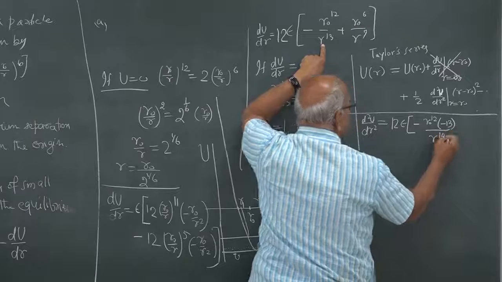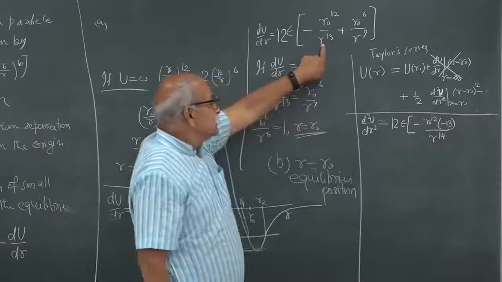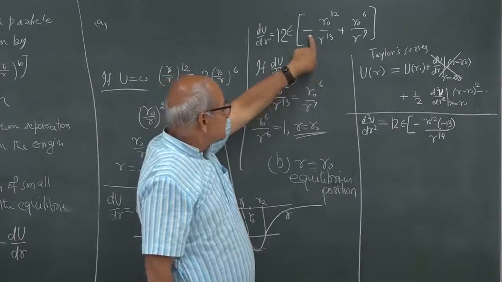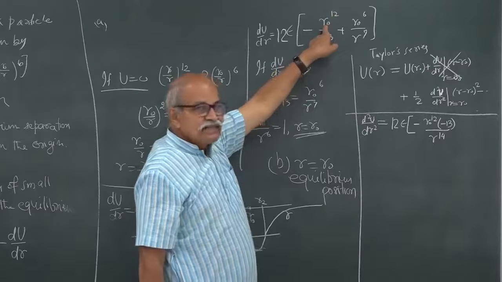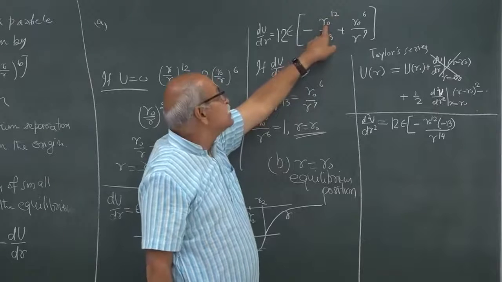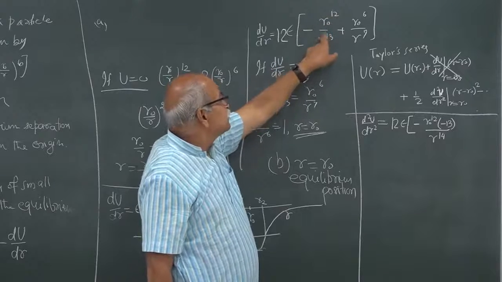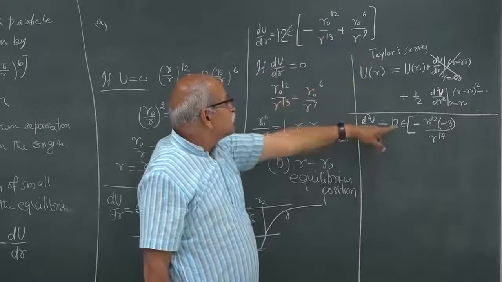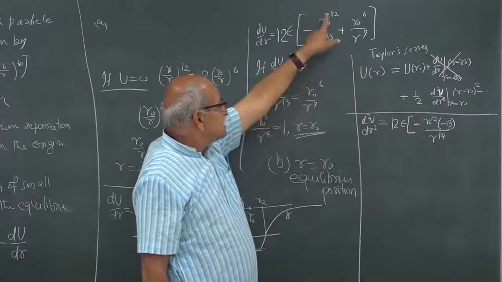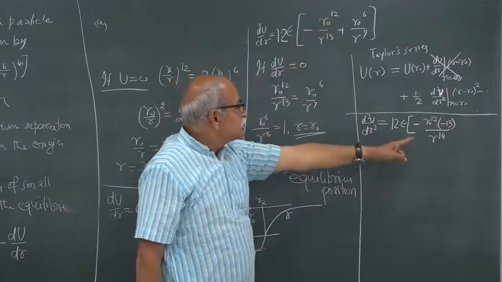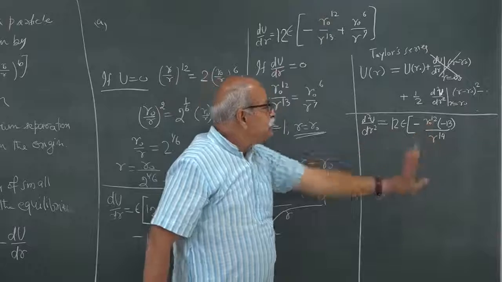So, r to the power 14 in the denominator, right. I have written r naught to the power 12 which is constant, and then I have to differentiate. So, I am differentiating r to the power minus 13. So, minus 13 r to the power minus 14, r to the power minus 14 is written as r to the power 14 in the denominator.